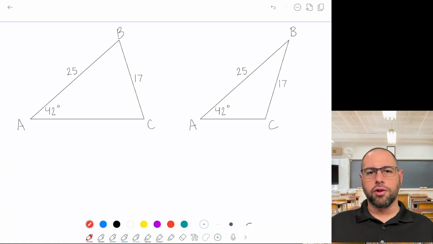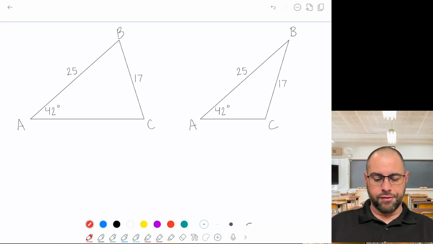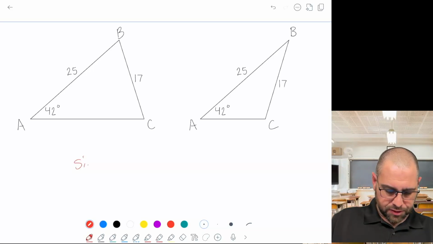Here we have enough to do the law of sines. We've got angle A, which measures 42 degrees, and then we've got the side opposite angle A, which is 17. We've got our ratio right there. Sine of 42 divided by 17 equals the sine of C divided by 25.